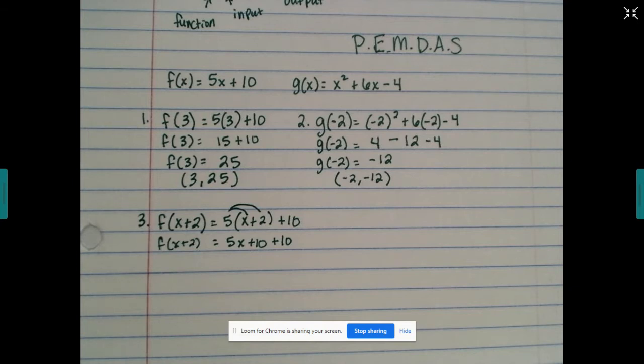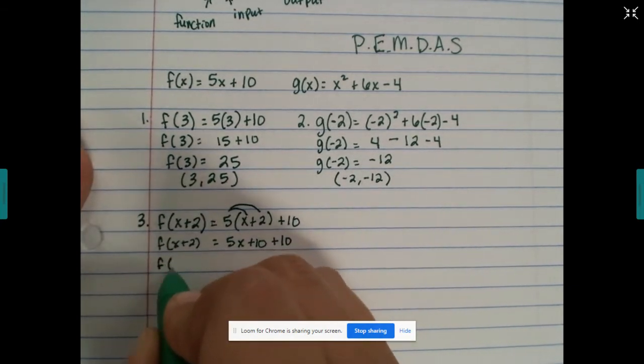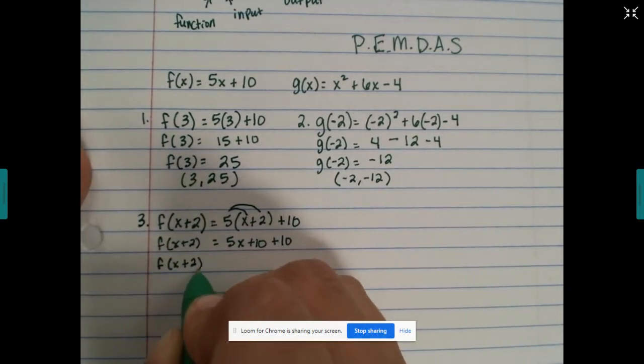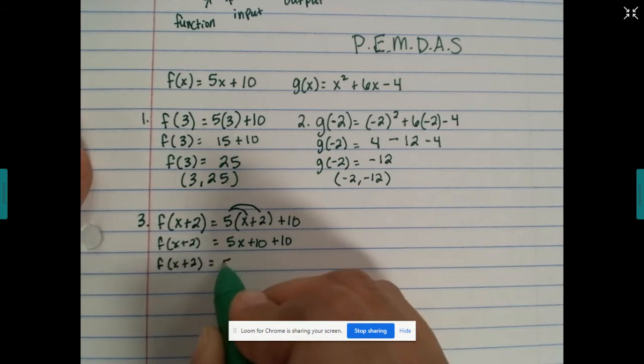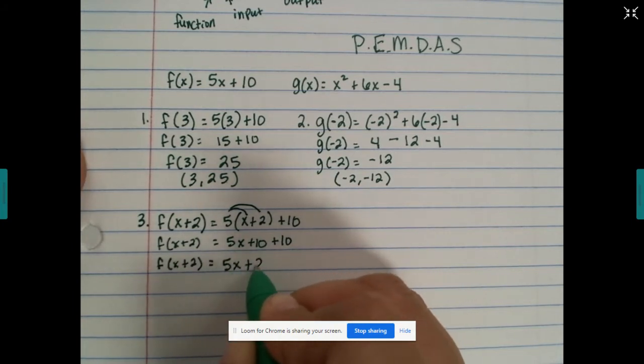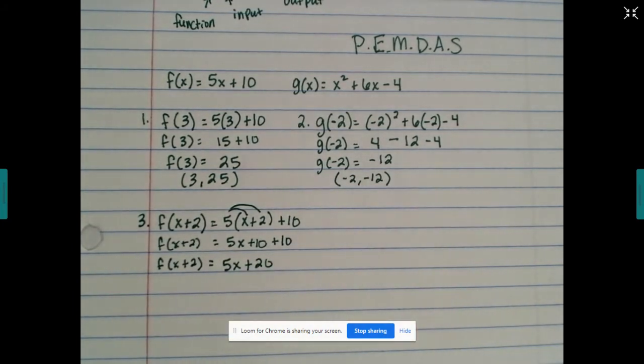Then what? Yeah, good. So then I can combine like terms, add my 10s, so we get 5x plus 20. Questions on that?